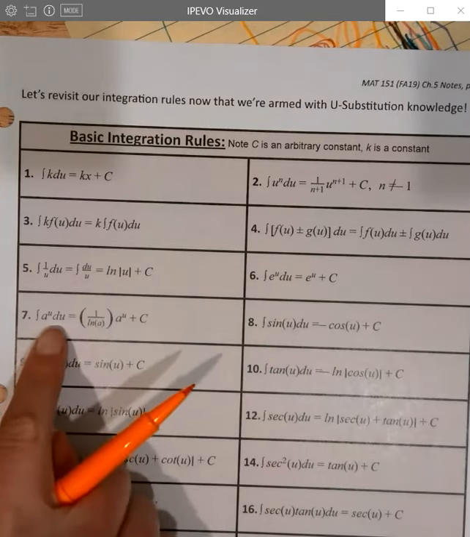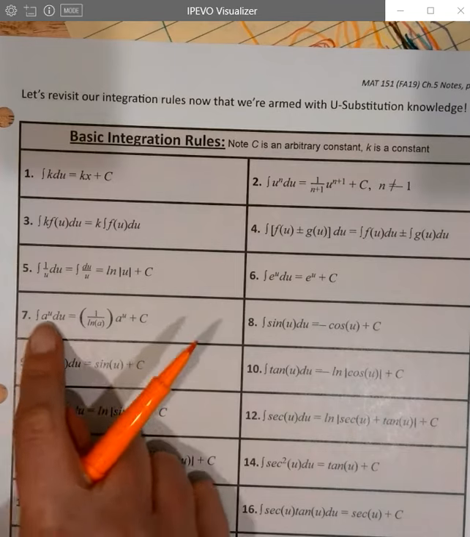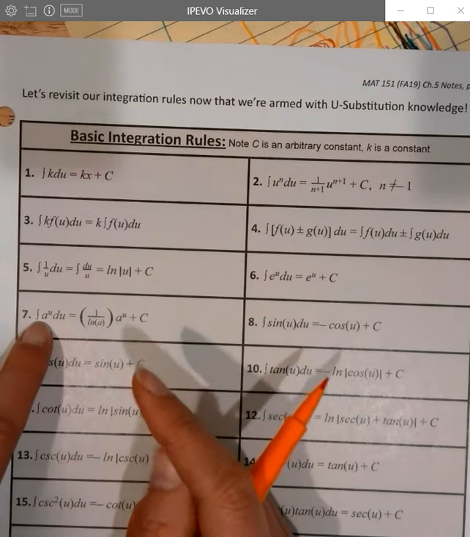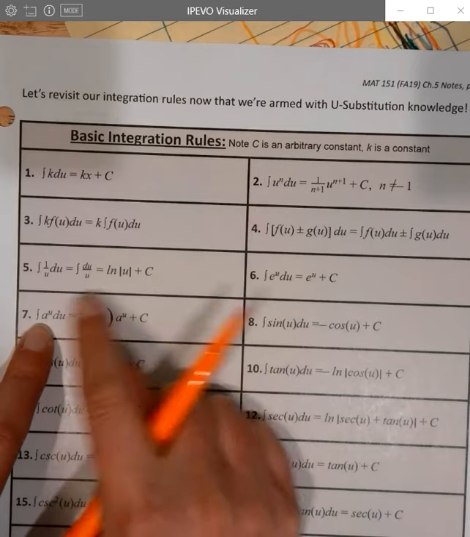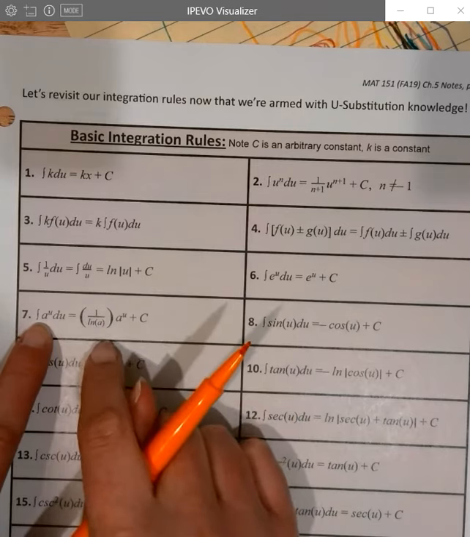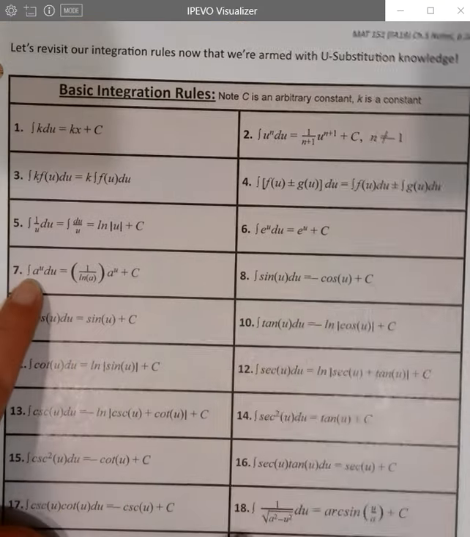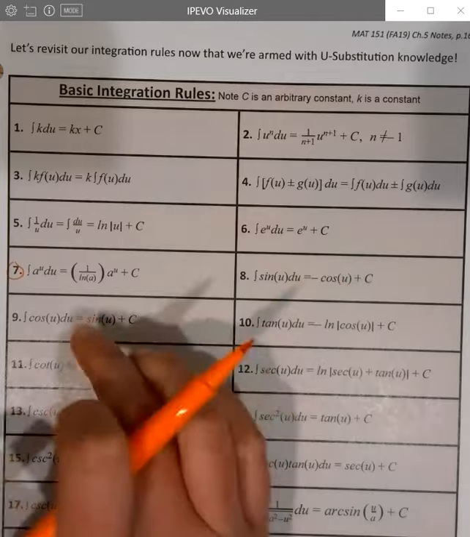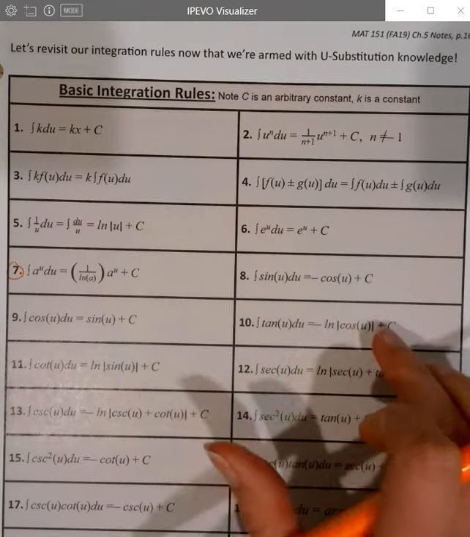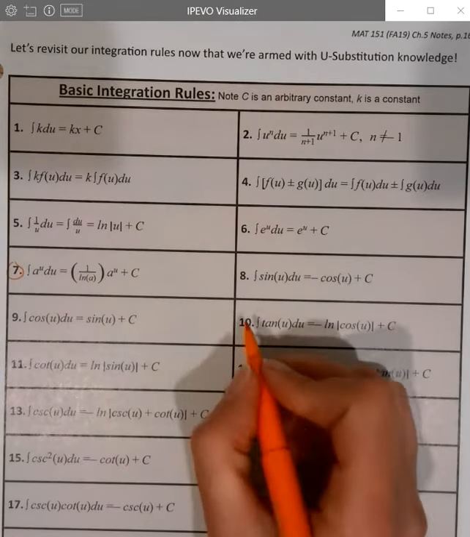We have a few that we didn't see in 4.9. This is the exponential if the base is not e. So it integrates to the exponential. We have to divide by the natural log of the base. We saw something similar in derivatives. So that's one that you might want to just note we didn't see earlier. It's not very common though. And then we saw the sine, cosine. Here's another one that we did not see earlier.